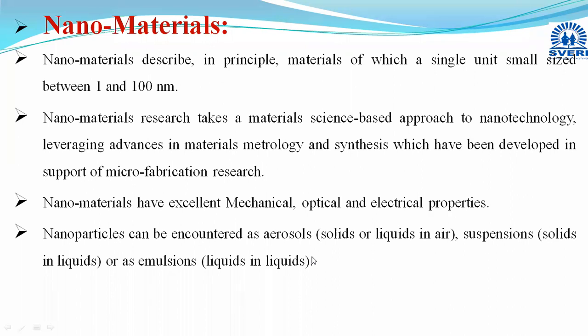Then their properties will be different depending on their particle size. Now as far as their mechanical properties are concerned, as the particle size of this nanomaterial decreases, what will happen? The strength of nanomaterial, hardness of nanomaterial, then its toughness, elastic modulus, all these properties improve. Why is this occurring?